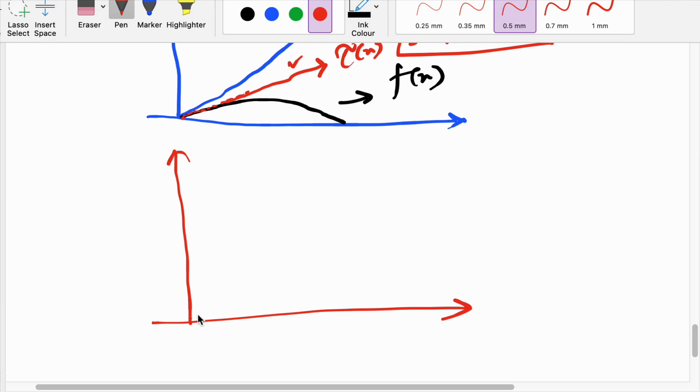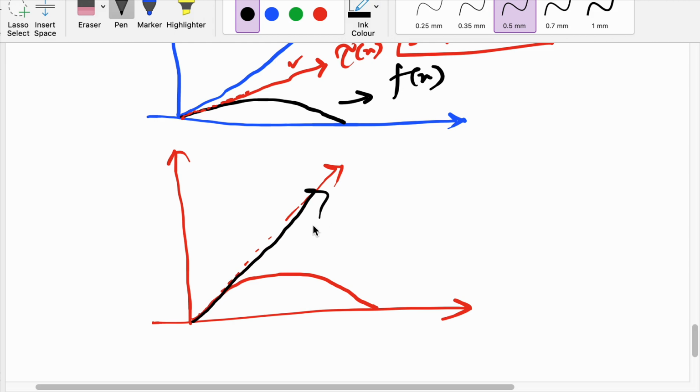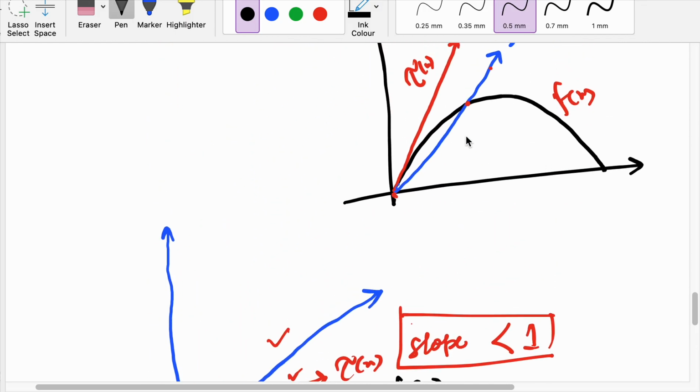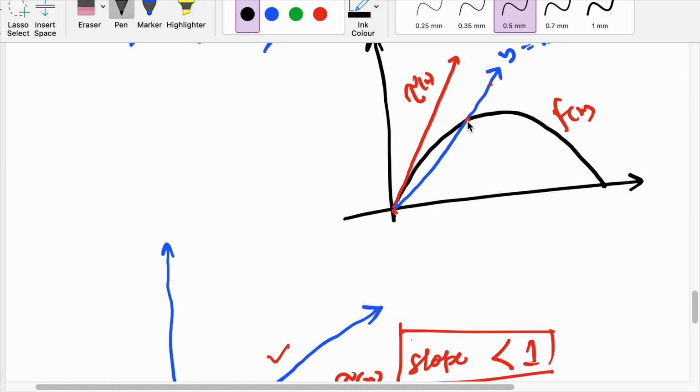So first let me draw this. This is, suppose, the identity line. Suppose this is the slope. So you see the slope and the identity line become the same at r equal to 1, and if I increase further, there is a creation of a new fixed point, which is here.